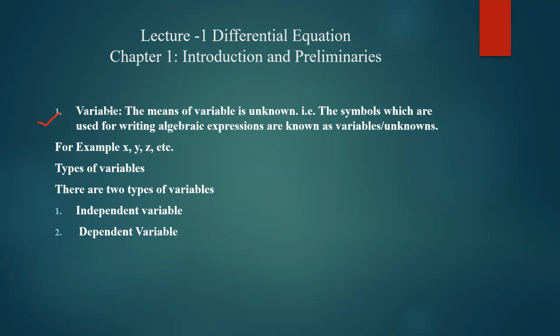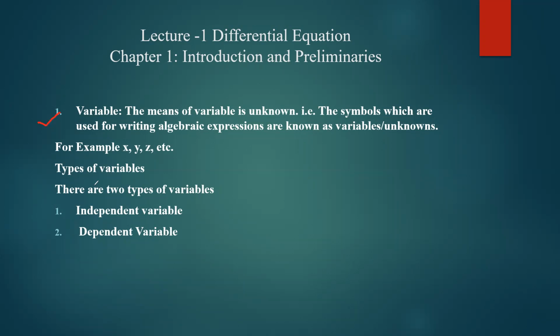For examples, x, y, z, and so on. These are variables because we don't know the exact value of x or the exact value of y.